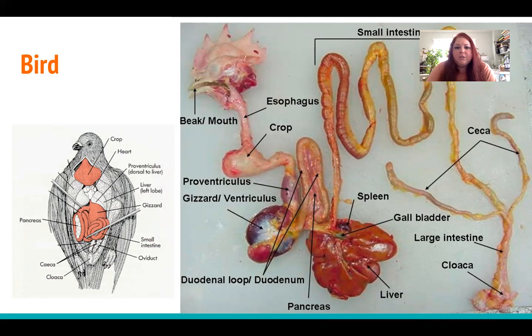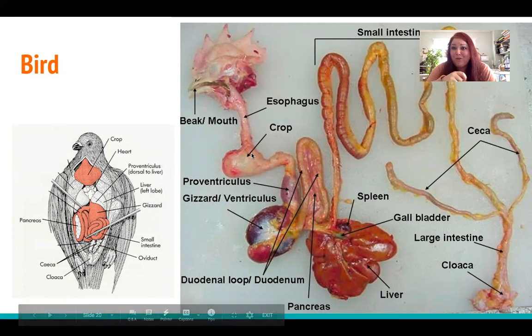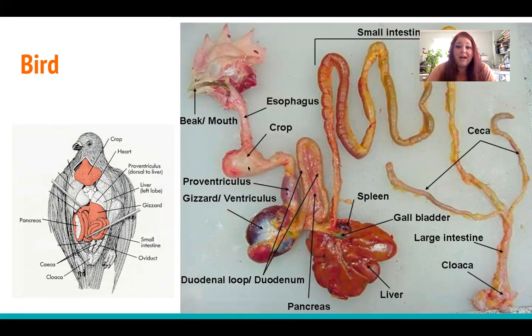But birds are just interesting. They have this structure here called the crop. If you ever see pigeons eating gravel and dirt, that's because, and if you have pet birds too, you have to sometimes put gravel into their food. It depends what kind of bird it is. But that sits in the crop, which is just at the top of the stomach, the digestive part of them, right after the esophagus, because the rock and the gravel actually helps break down the seeds, because we don't want to eat the outside of the seed.